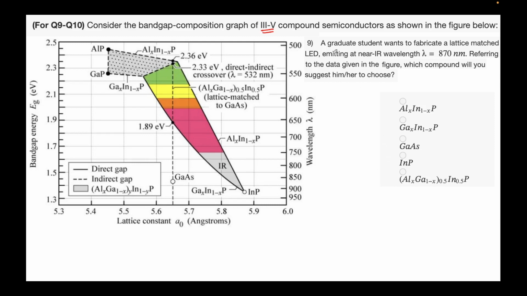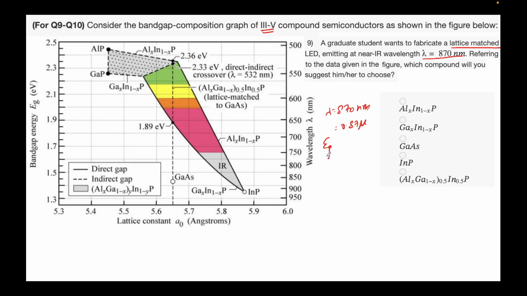Okay, so the question asks that a graduate student wants to fabricate a lattice matched LED. So the first term is lattice matched, emitting near IR wavelength of lambda equal to 870 nanometers. Referring to the data given in the figure, which compound will you suggest they choose? First we are given this wavelength, lambda equal to 870 nanometers, which is 0.87 microns.